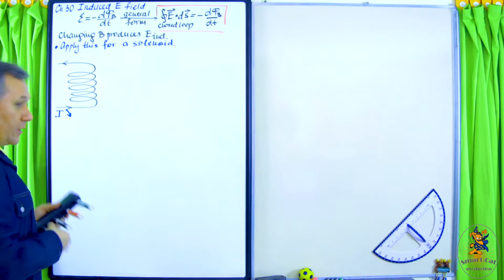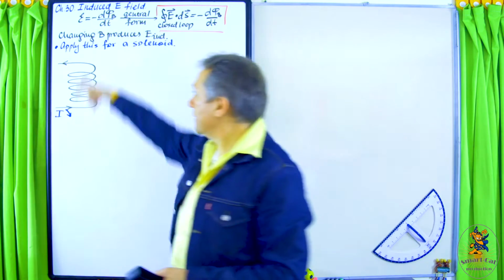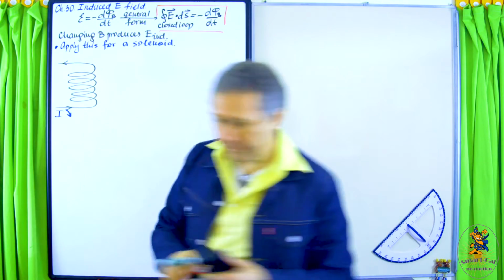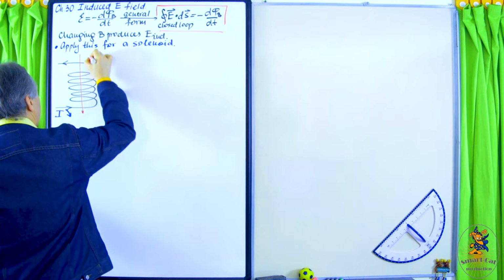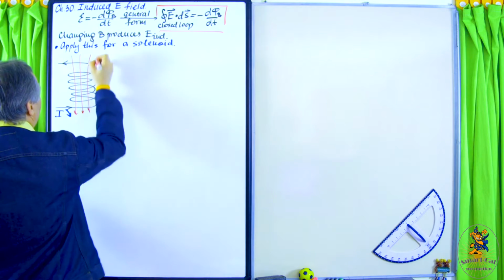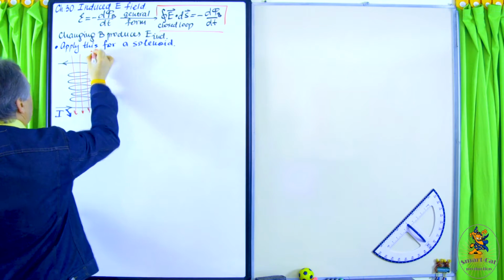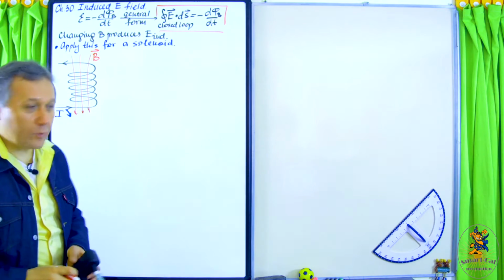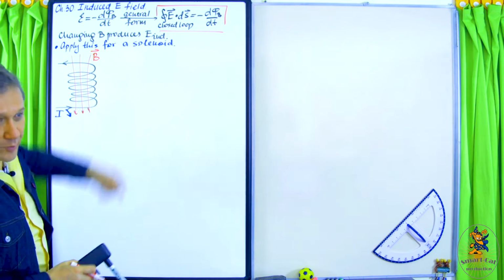Of course, there will be a magnetic field produced. Let's assume that the magnetic field is down. So that will be our B. And what happens to this B if the current is going down? The magnetic field will also be going down.